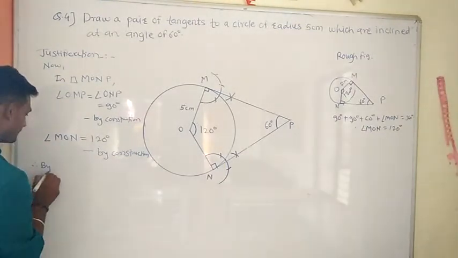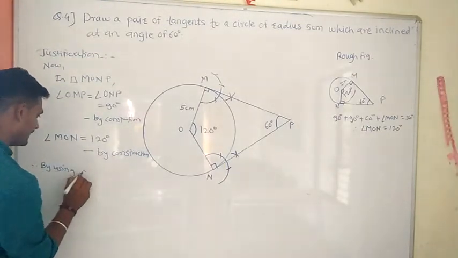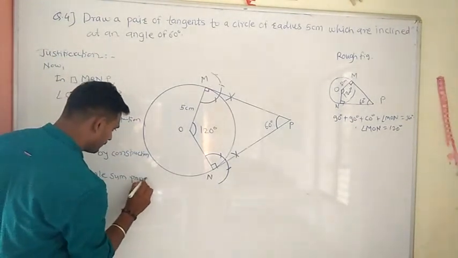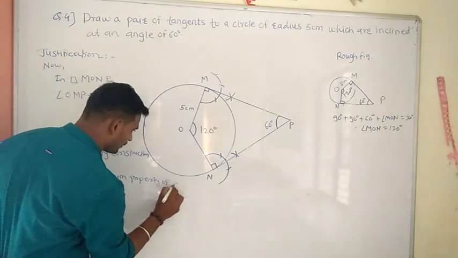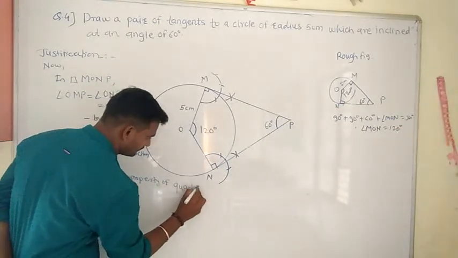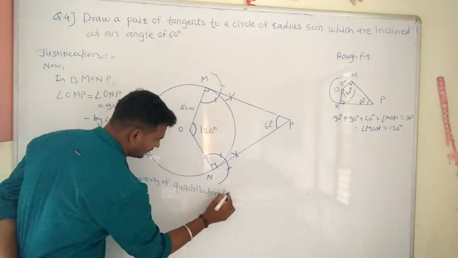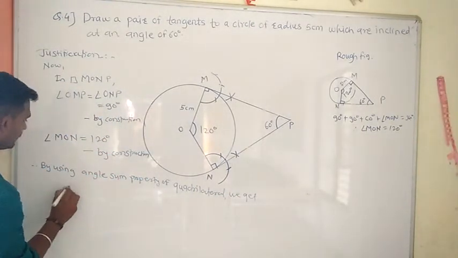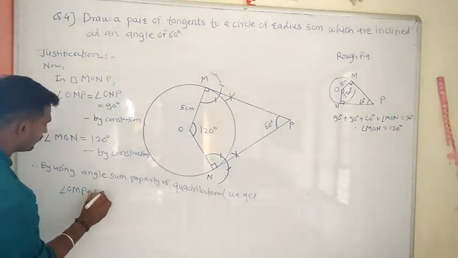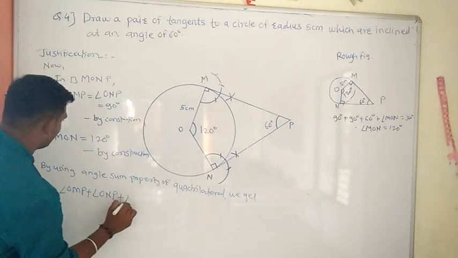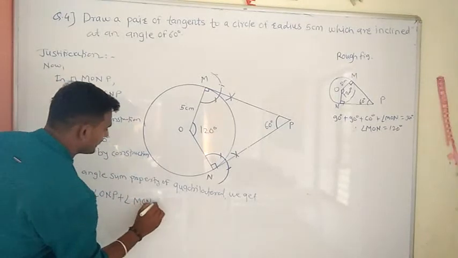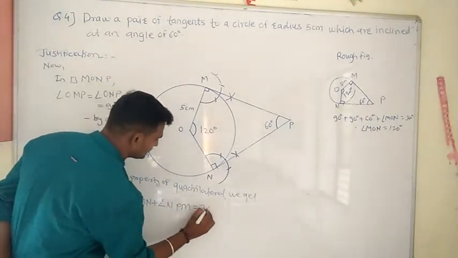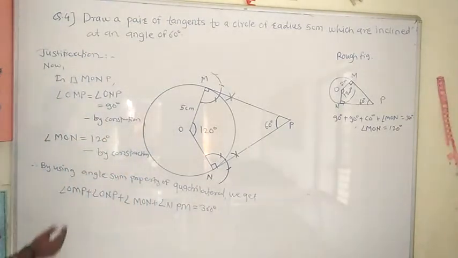Therefore by using angle sum property of quadrilateral, we get, angle OMP plus angle ONP plus angle MON plus angle NPM is equal to 360 degree. Now I will put all the values.